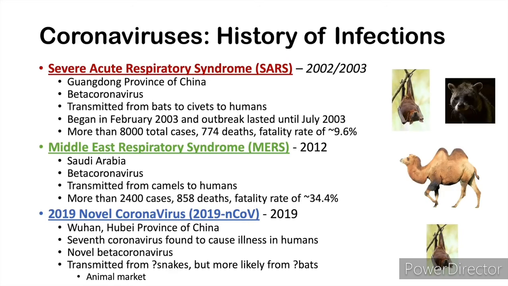And right now it is suggested it was bats that were the source of this coronavirus. As of the recording of this lesson, there are more than 10,000 cases of this Wuhan coronavirus. So it has actually surpassed SARS. But the fatality rate is luckily lower than SARS. It is approximately 2 to 3% at this point.